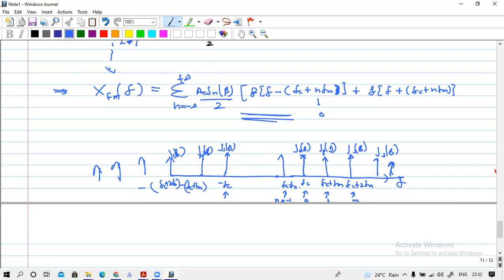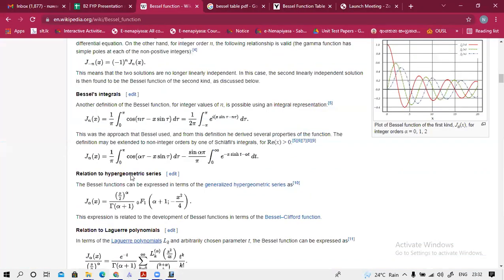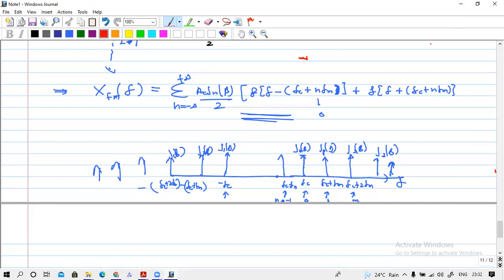So you know that we have one property with the Bessel function, J minus n x, we have minus 1 to the power n J n x.